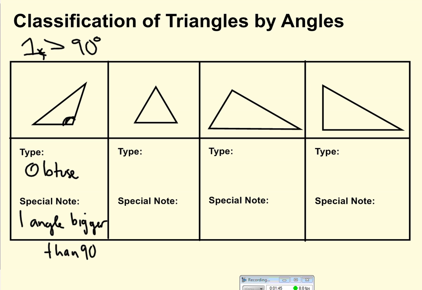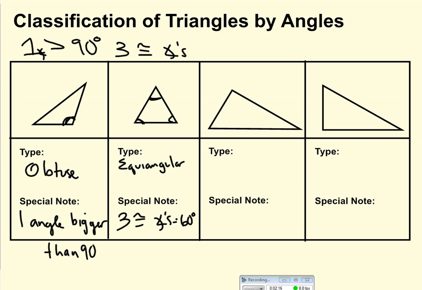So the second one, if you look, all three of these look equivalent. That's not a trick. That is exactly correct. All three of these are congruent. So you have three congruent angles. When you have that, we call that equiangular. That is an equiangular triangle. You have exactly three congruent angles, and they all happen to be 60 degrees.